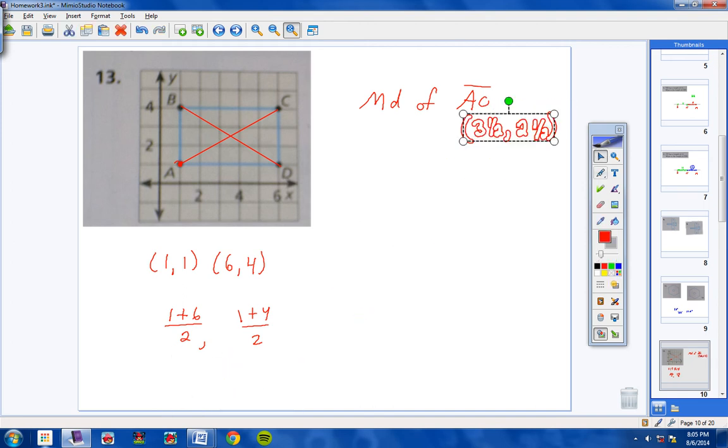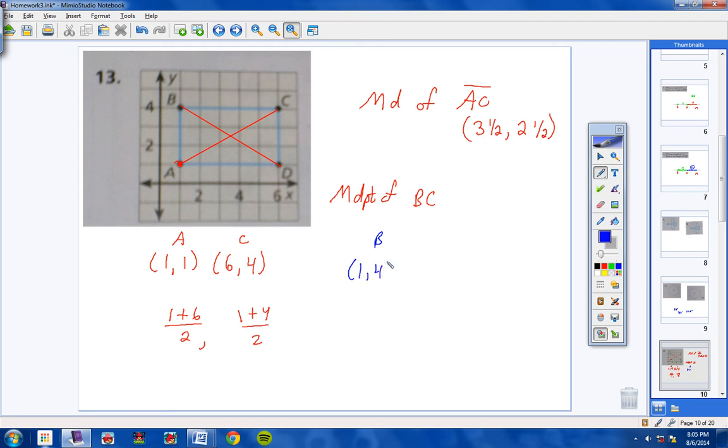All right. Now I want us to find the midpoint of BD. Well, here we go. I'm going to put a B right here and a D right here. I think it would be wise to quickly change colors. The point for B would be 1, 4. And the point for D would be 6, 1.